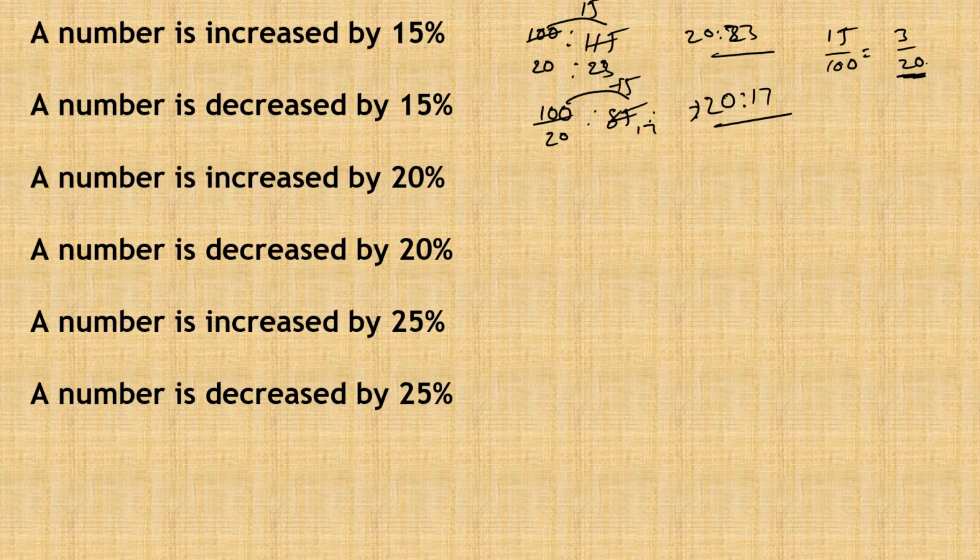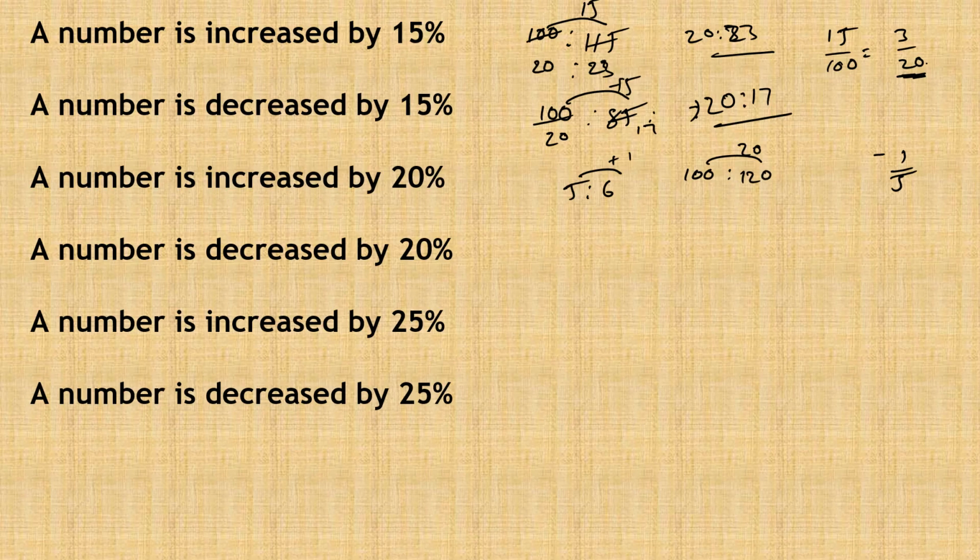20:17. A number is increased by 20%, 20% denotes 1 by 5. It was increased by 20%, it was 5 increased by 1, that is plus 1, that is 5:6. That's it. 100 was there and it increased by 20%, that is 20.